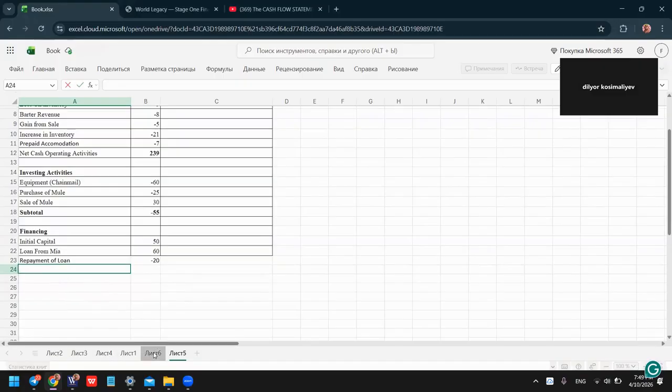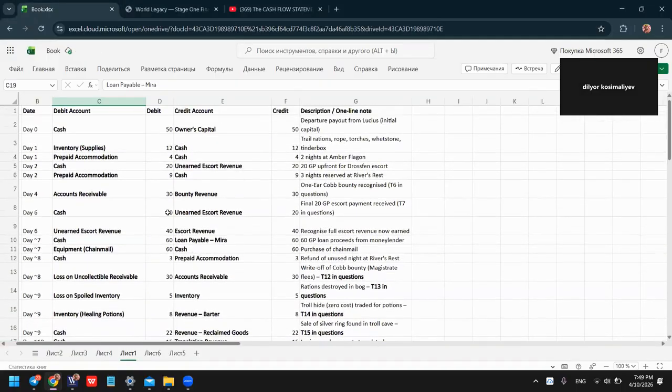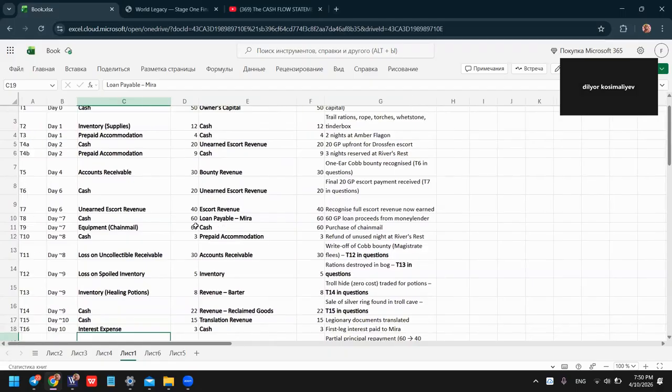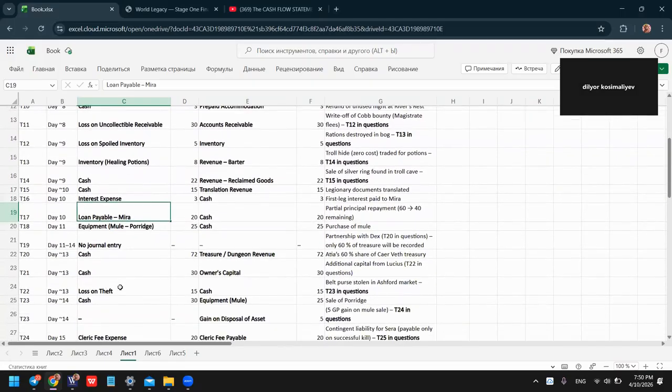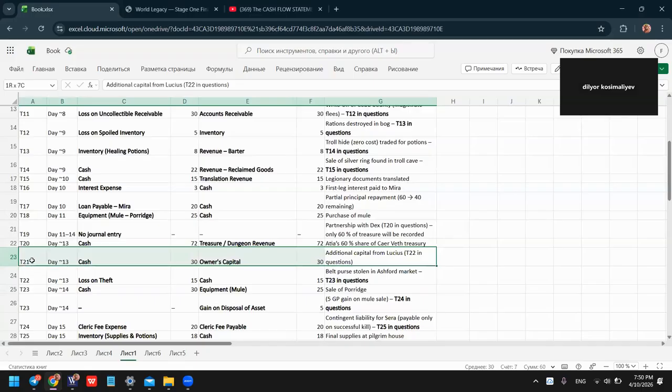Then we have this one. It's also a financing activity.